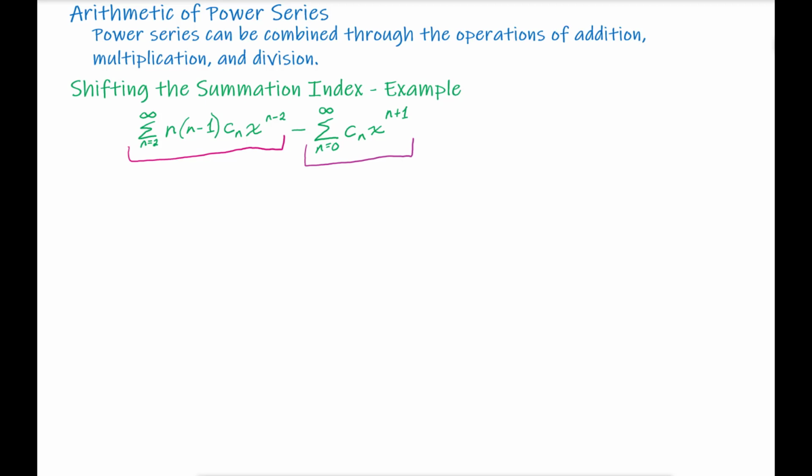So one thing that can be helpful when we're trying to figure out how we should shift these is to take a look at what the first few parts of the sum look like. So the first few terms of my first sum are going to look like 2 times 1 times c sub 2 times x to the 2 minus 2, so to the 0 power.